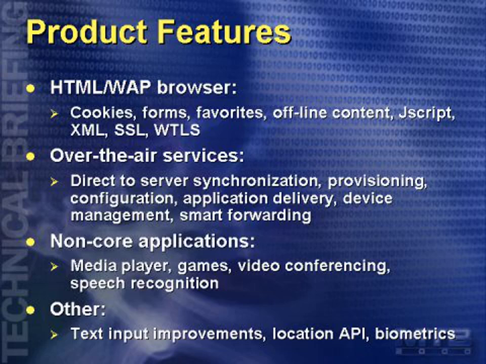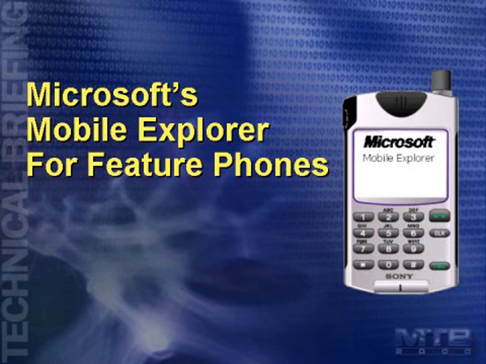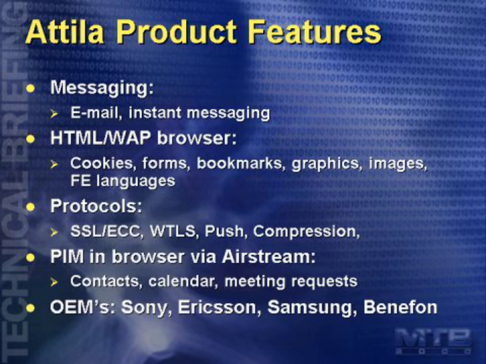And then the last thing in this section of the devices space is the Mobile Explorer. The Mobile Explorer is the Cambridge acquisition. It's an Explorer that is runnable on any operating system. So far we have relationships with Sony and Benefon. The Sony review was the one I just mentioned, so they're actually using our browser. Ericsson is using it in one or two of their devices.